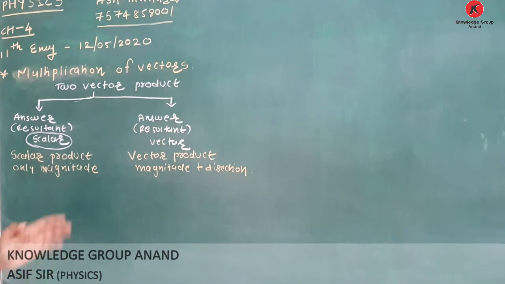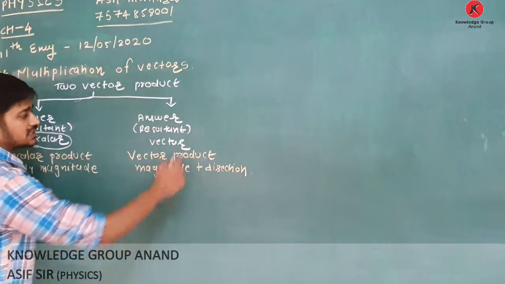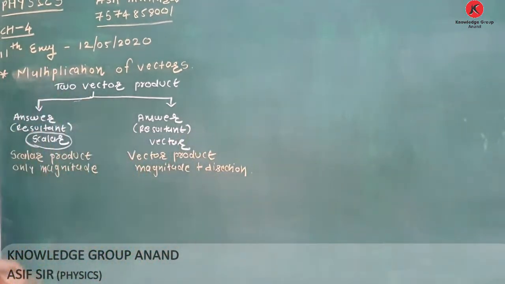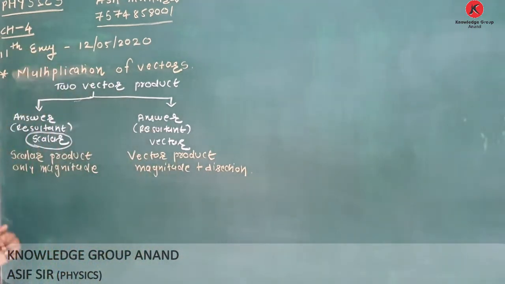So in multiplication of vectors, if the resultant is scalar, meaning only magnitude, it is called scalar product. If the answer has magnitude and direction both, it is called vector product. Now we will study both cases in detail.